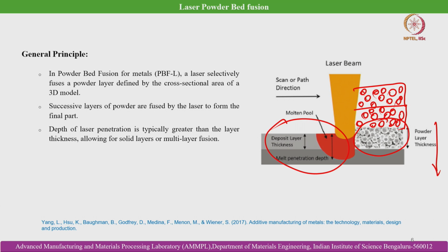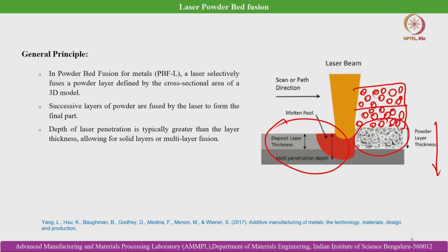You can see the thickness of the powder bed deposited on top of the first layer. After solidification of that layer, the height slightly changes because of the porosity present in the powder, which gets densified when it is transformed into liquid and then re-solidified as a solid layer.